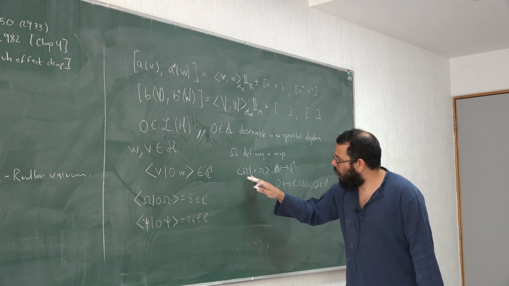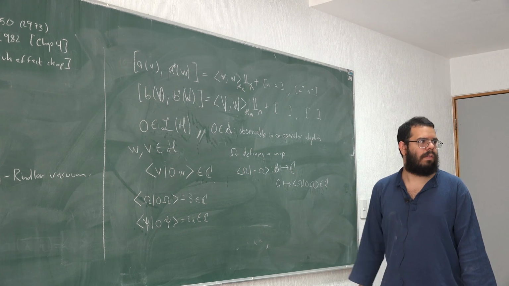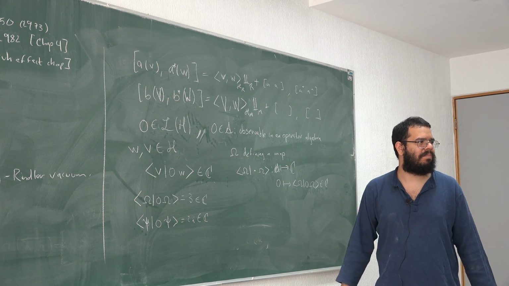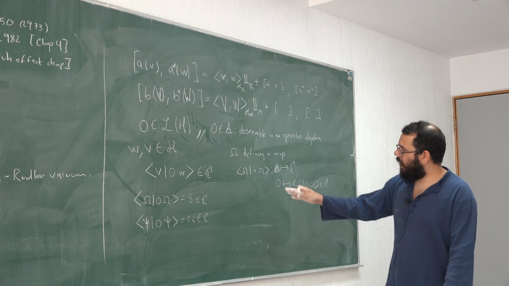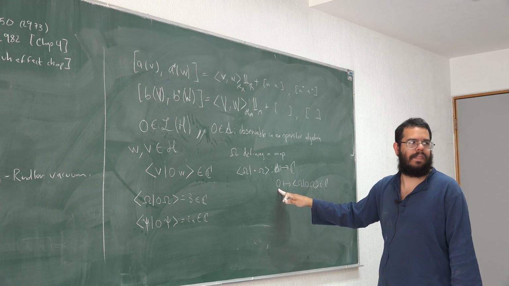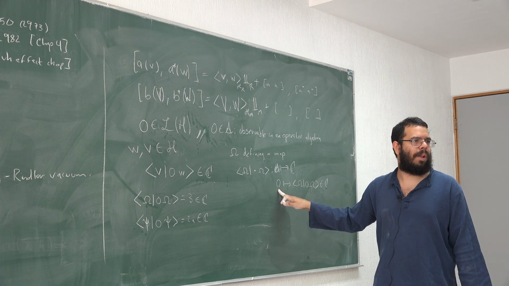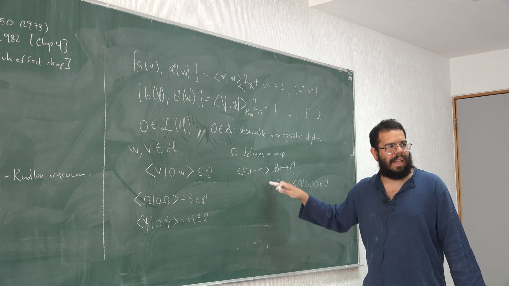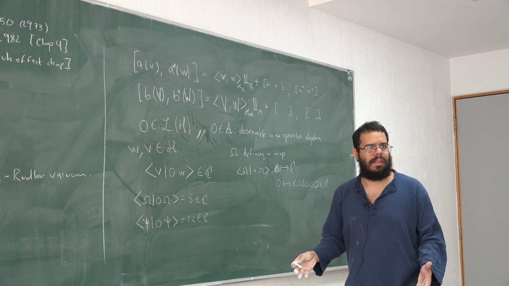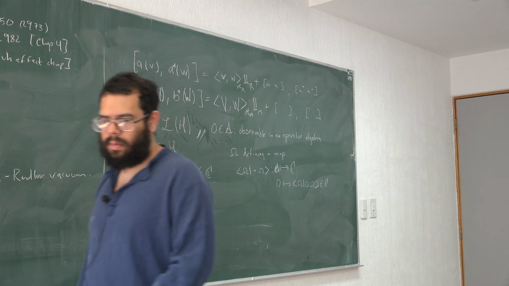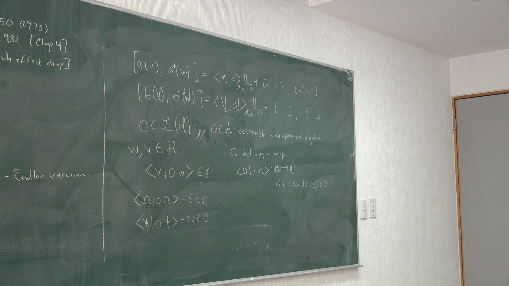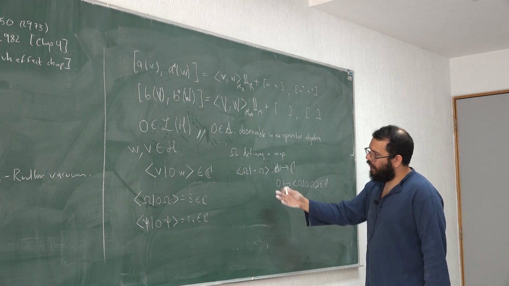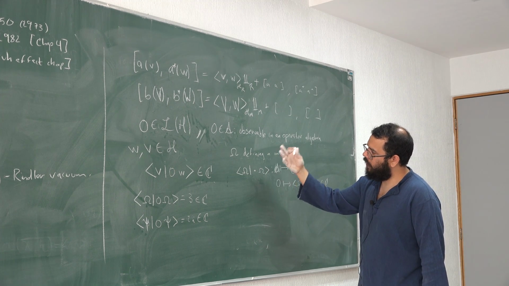But of course, if I tell you how the vacuum acts on O, it doesn't really tell me much. It just tells me a little bit of information. But if I tell you how this map acts on every single observable that I have defined on my theory, then I know basically everything about it, because I know what the expectation value of every observable is in this state.